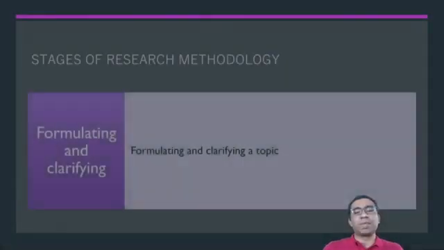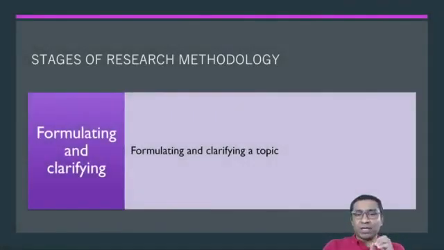Okay, so let's start. The first thing you have to do is to formulate and clarify a topic. This step is basically your starting point. In this case, you have to think what your topic would be. Again, it can be basic or it can be applied. So you have to think whether you are working for a company or providing a solution to a company, or you are going to extend the body of knowledge which can be used universally.